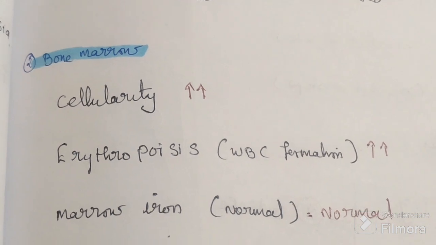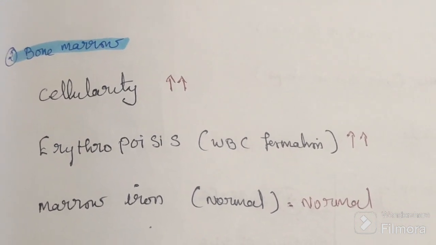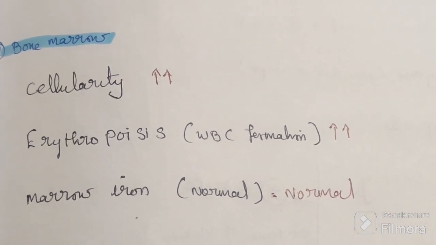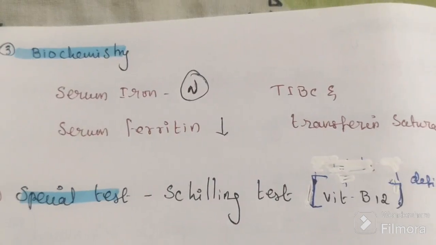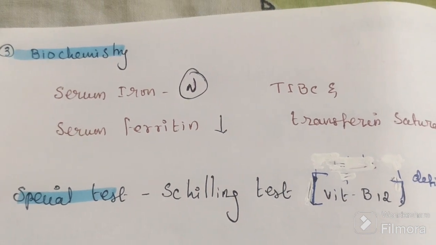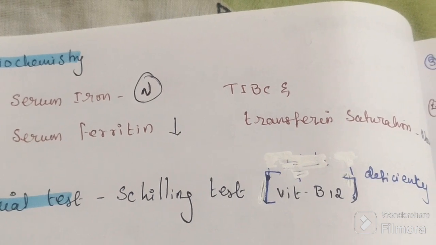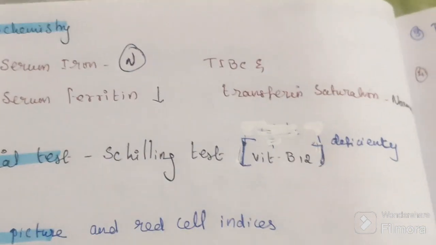In the case of bone marrow, sampling biopsy, we want to check cellularity, erythropoiesis and marrow iron. Then biochemical tests: serum iron, serum ferritin, total iron binding capacity, and transferrin saturation.